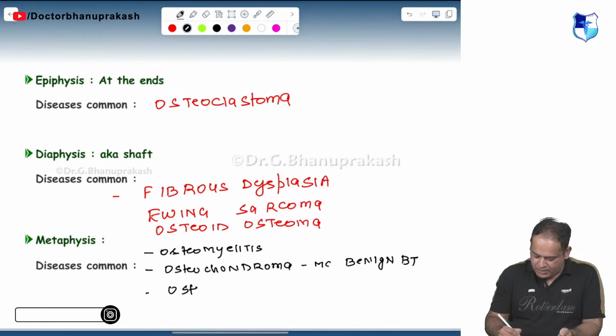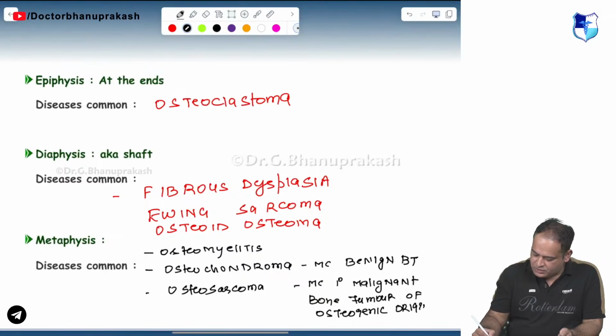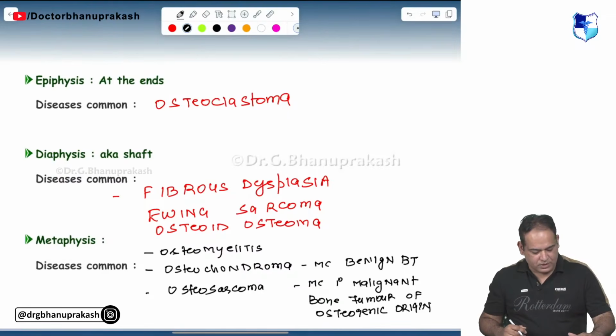Diseases which are common at the metaphysis: osteosarcoma, that is the most common primary malignant bone tumor of osteogenic origin, right? That is about the most common.